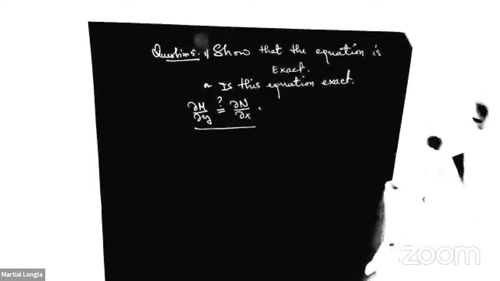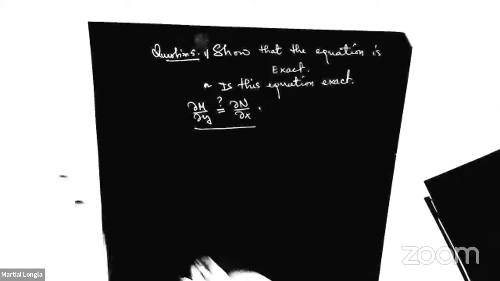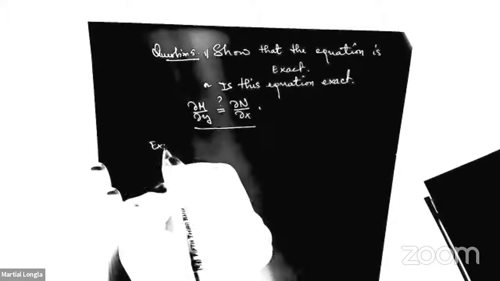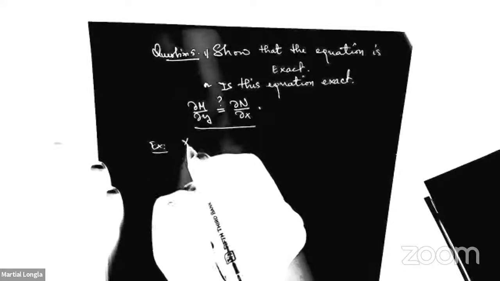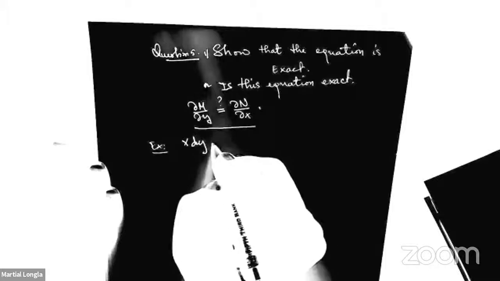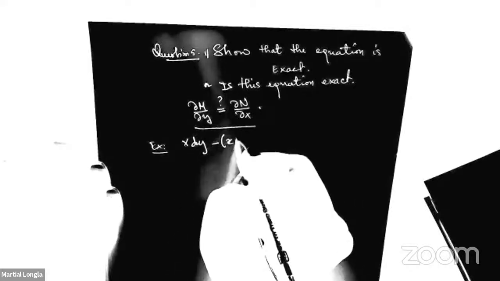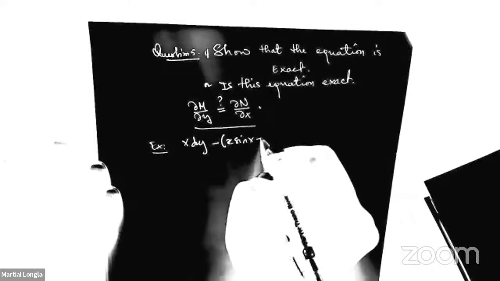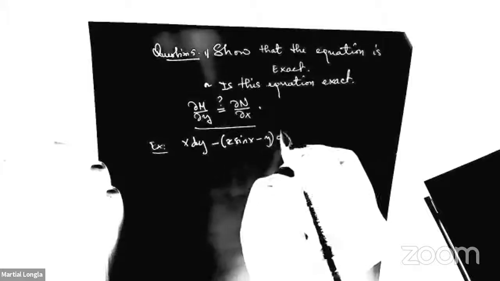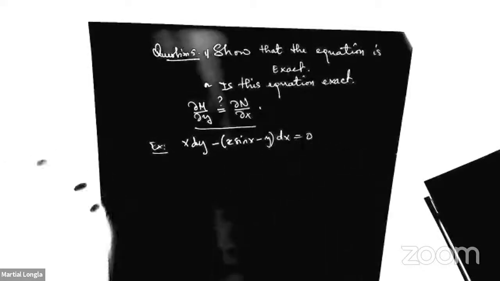Say, for example, here, x dy minus (x sine x minus y) dx equals 0. I still have your problem 40. I'm going to solve it. Okay.